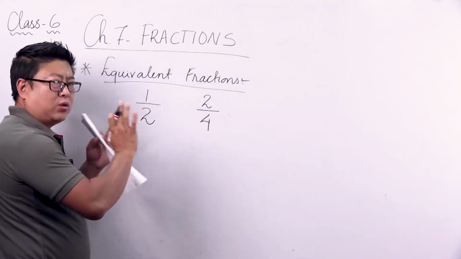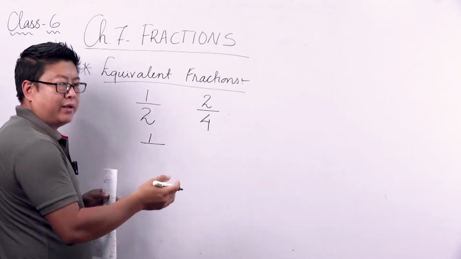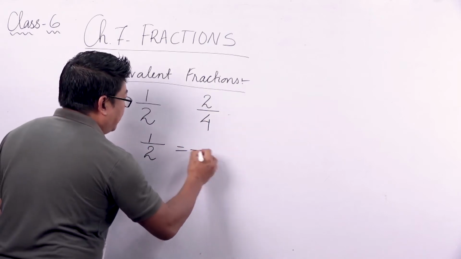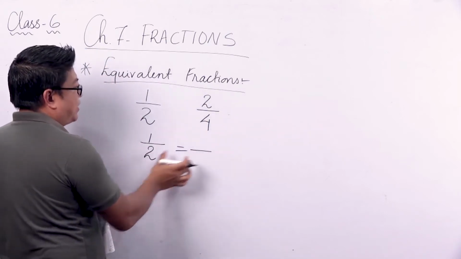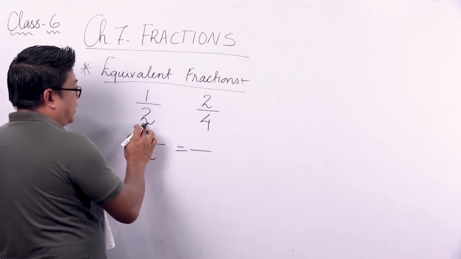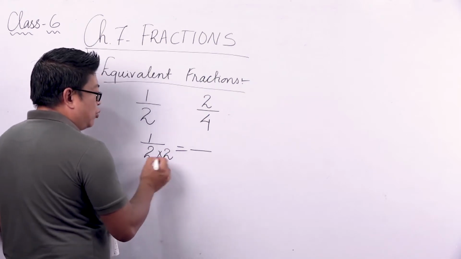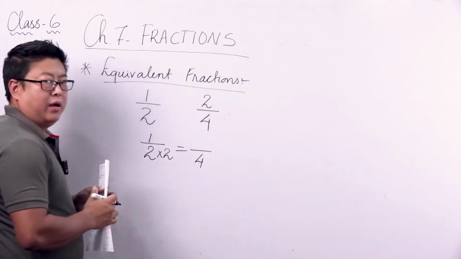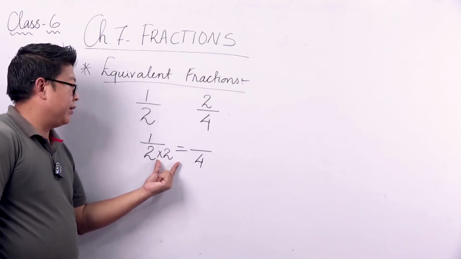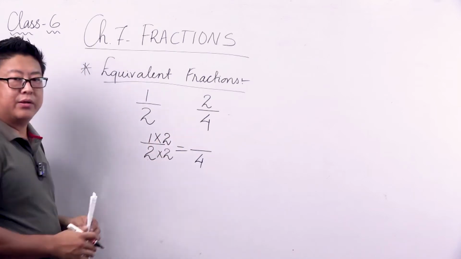They look totally different, but to see if they are equivalent or not, we will try to change this fraction into this, all right? So to get 4, this 2 has to be multiplied with another 2. So when you multiply 2 into 2, you get 4. Now if you have multiplied 2 in the denominator, the same 2 you have to multiply in the numerator also.